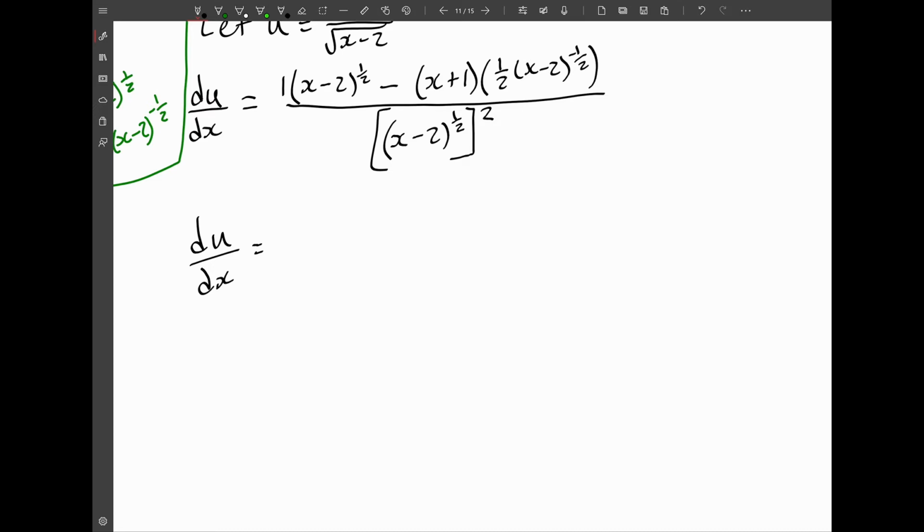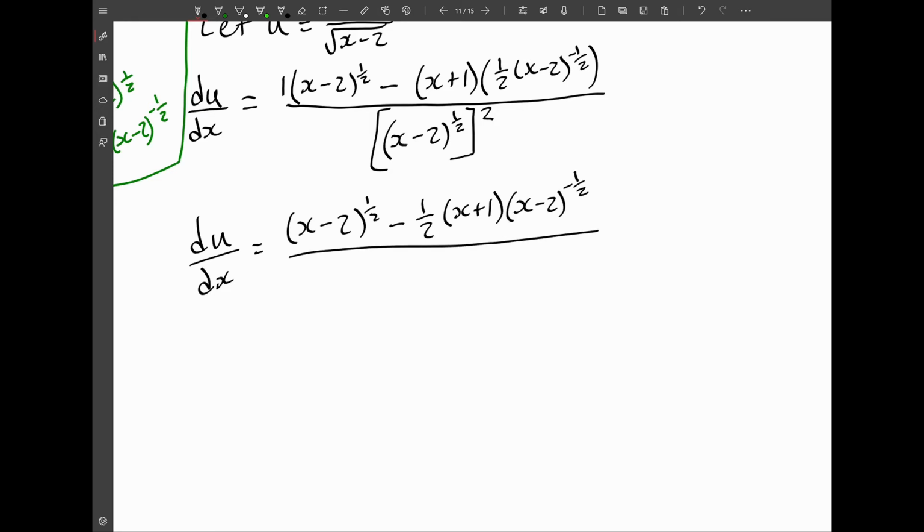So first thing I'm going to do is just simplify the numerator and denominator a little bit. Nothing drastic. Just going to rearrange this a little bit. And most importantly, in the denominator, x minus 2 to the 1/2 squared. Well, basic exponent laws, we multiply our exponents. 1/2 times 2 is just 1, so this becomes just x minus 2. X minus 2. There we go.